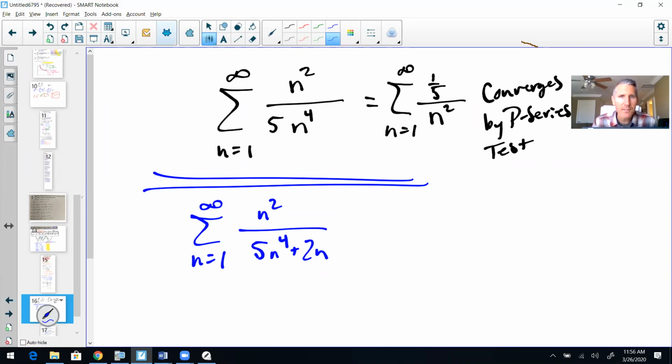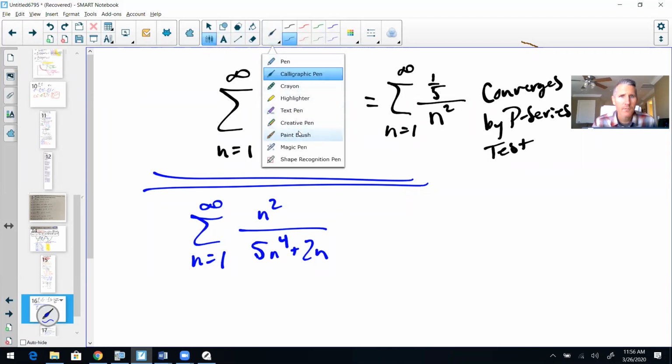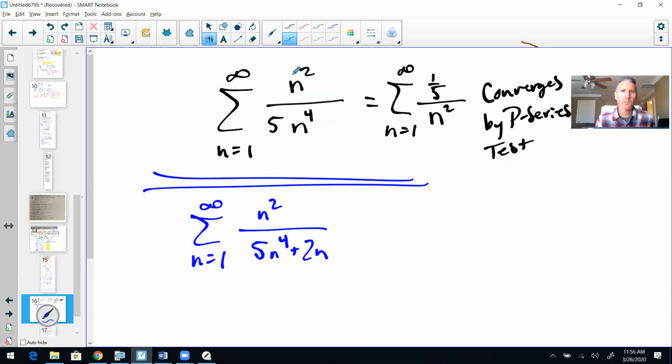So when I look at this, I would say, this guy right there is not the dominant term, right? 5n to the fourth is the dominant term of the denominator.